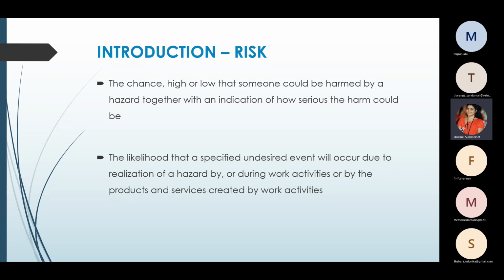A person can get harmed or injured by any of these things. But we can't tell 100% that there is a chance of getting damage, it's a kind of probability. We can't tell confidently that this person will get harmed or injured by this object, but we can say there is a chance or probability, that is risk.